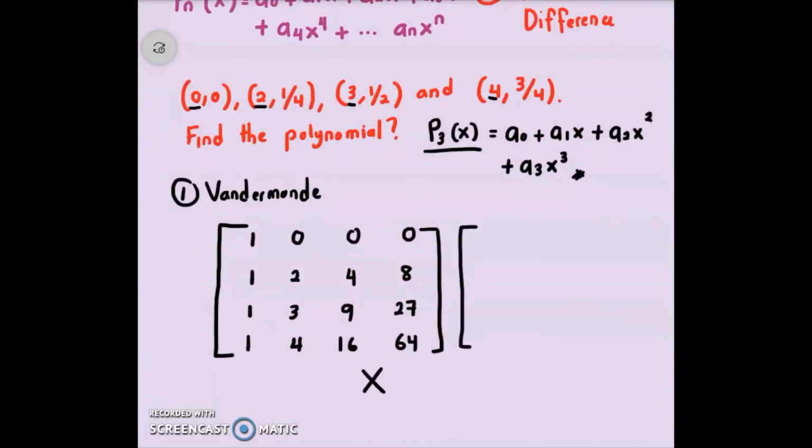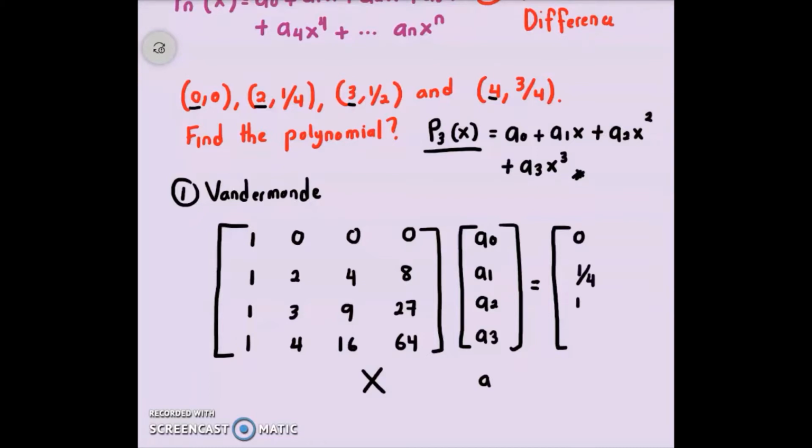Now what I want to find is all the coefficients a0, a1, a2, a3, which equals my Y, which are 0, 1/4, 1/2, and 3/4.